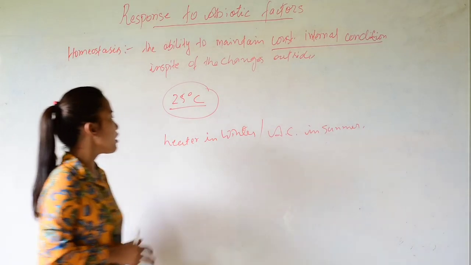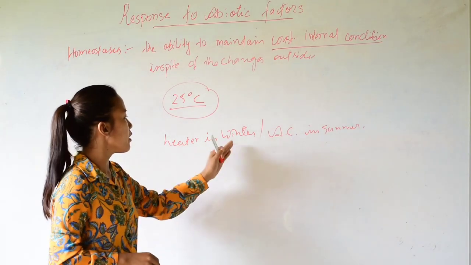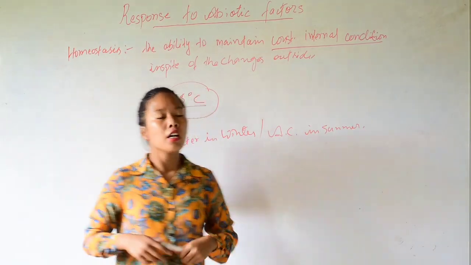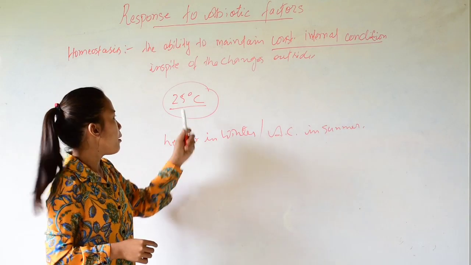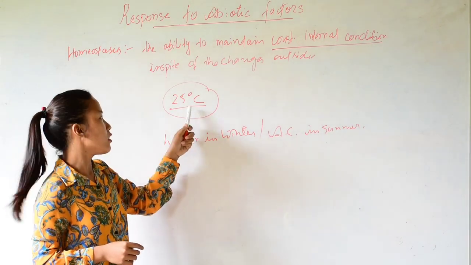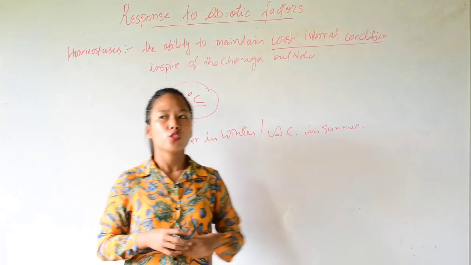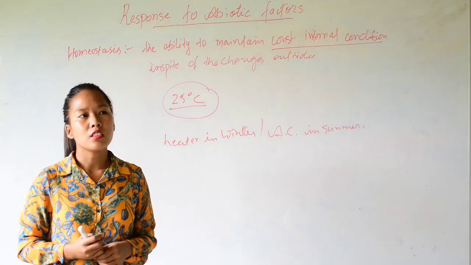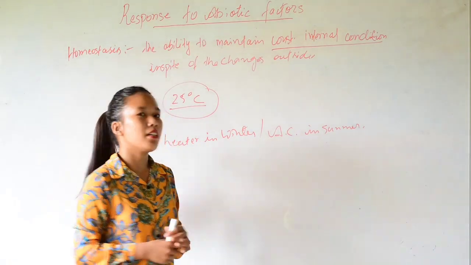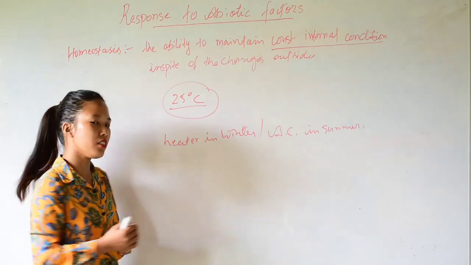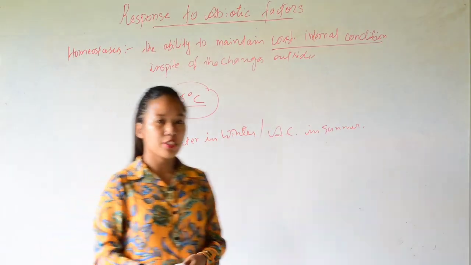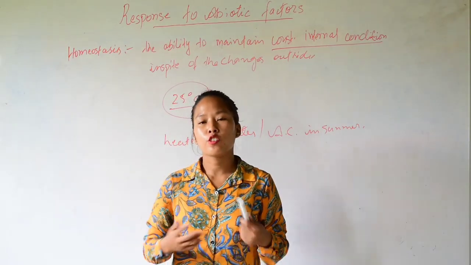So by using these two things, this person will be able to maintain this constant internal temperature. So in this case, homeostasis is achieved by artificial means and not by physiological means.